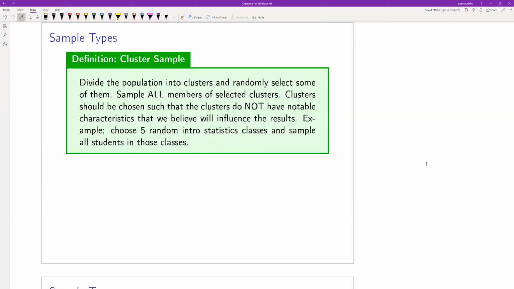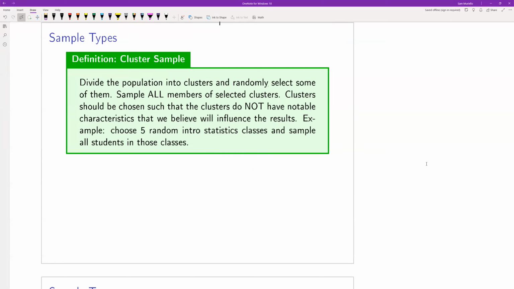For example, let's suppose that we wanted, in our example, to sample 1,000 people. We're going to randomly select city streets, and we'll sample all of the people on those streets.